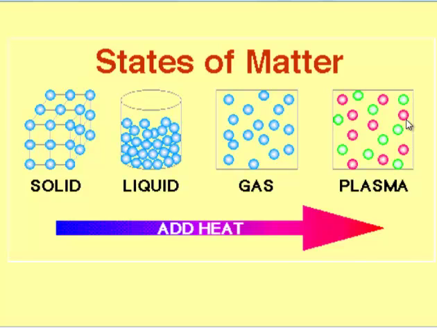So as we see in this diagram, we have solids. Solids have a fixed structure where all the particles are closely linked together and unable to move any further. As we heat things up, solids transform into liquids. In liquids, there's still a force between the particles, but this force doesn't keep them in a locked position.